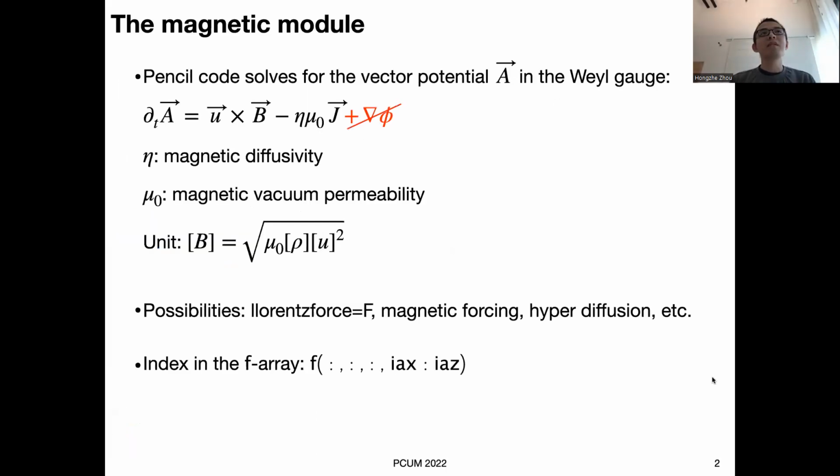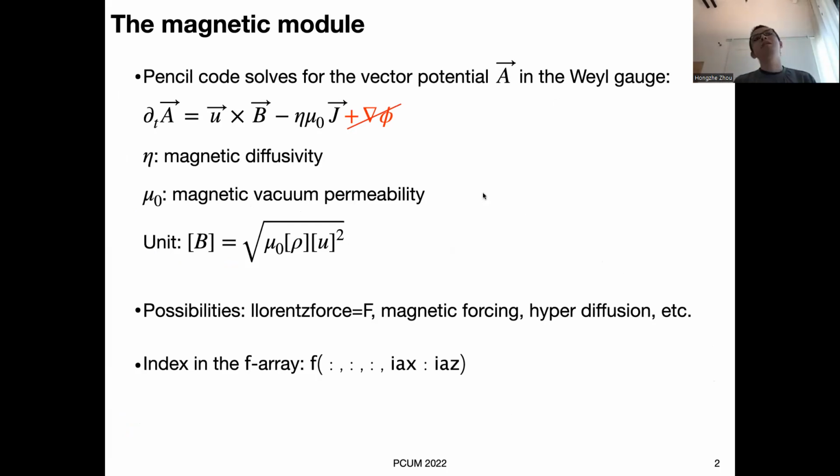First, about the magnetic module. The Pencil Code solves for the vector potential rather than the magnetic field itself. This has the advantage that the divergence of the magnetic field is ensured to be zero.